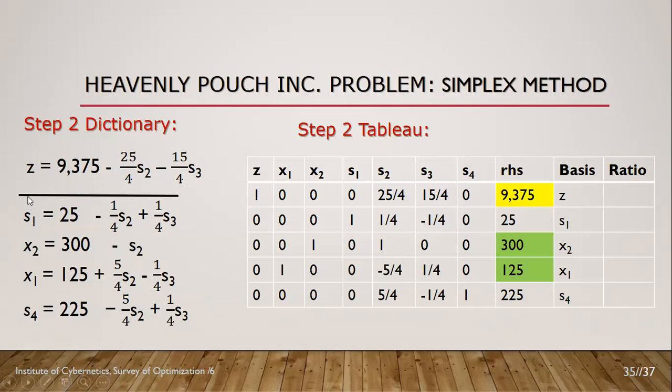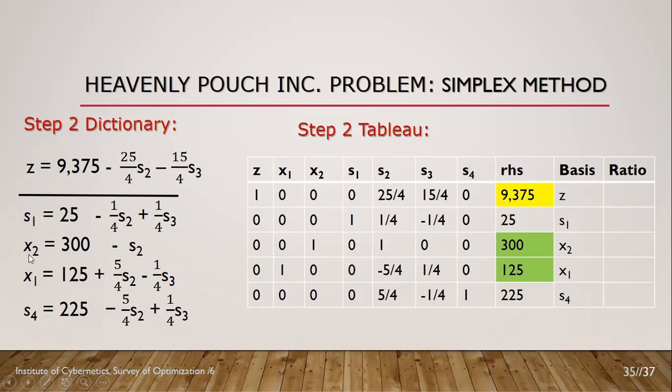Then about the solution, the right-hand side for the z is 9,375. Here it is. Because s sub 2 and s sub 3 are slack variables, they are not influential.